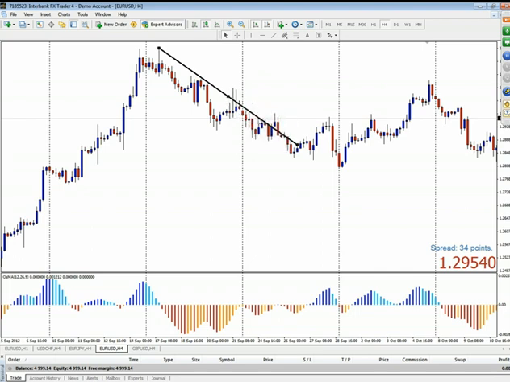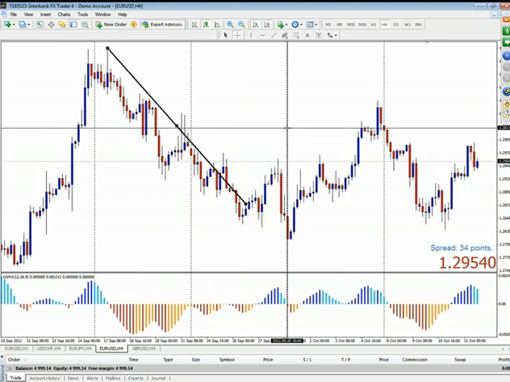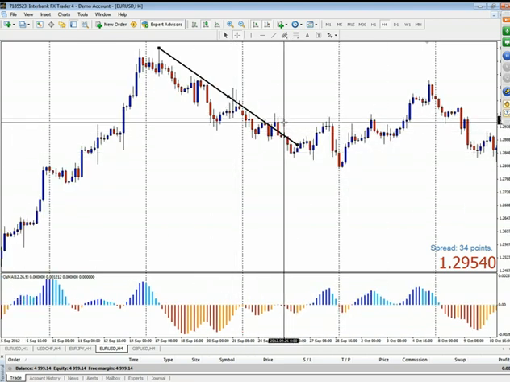So it didn't really break it there. Here, it did break it. It did close above it, but only by a few pips, as you can see, about 20 pips or 13 pips. But it created the long wick. So anyway, that was that trend there.